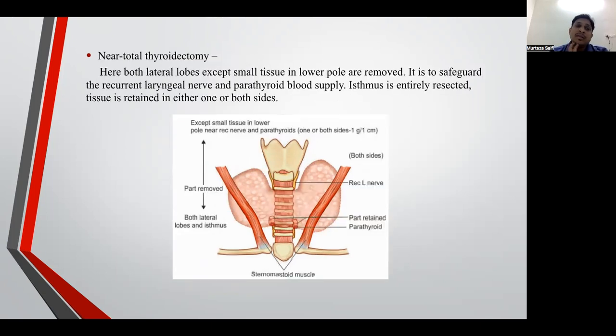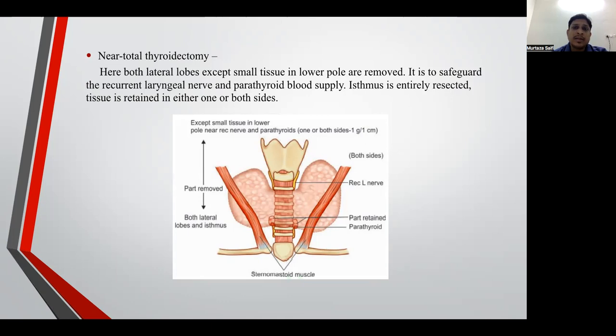Then here is the near total thyroidectomy. Again, here both lateral lobes, except a small tissue in the lower corner, are removed. This protects the recurrent laryngeal nerve and parathyroid blood supply.